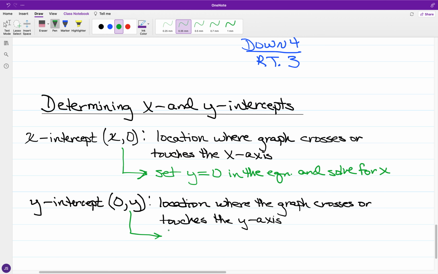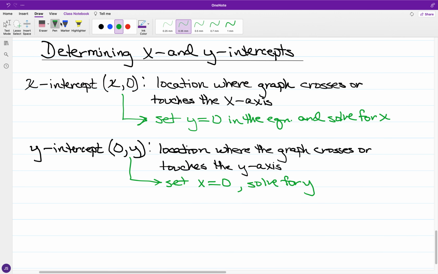So in this case, we're going to set x equal to 0 and solve for y. Now, just a couple of cases of looking at the determination of the intercepts.